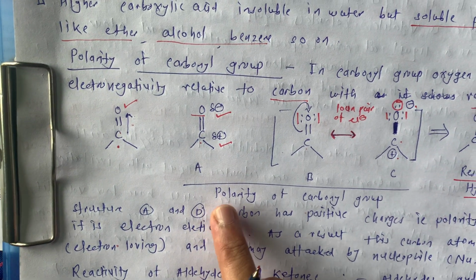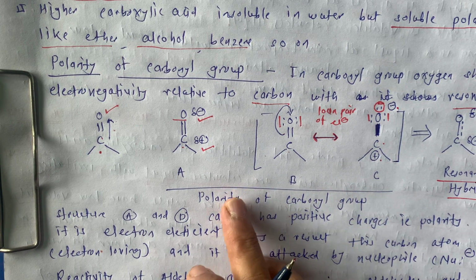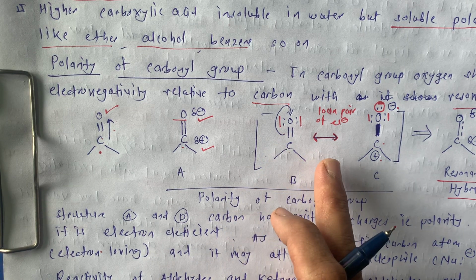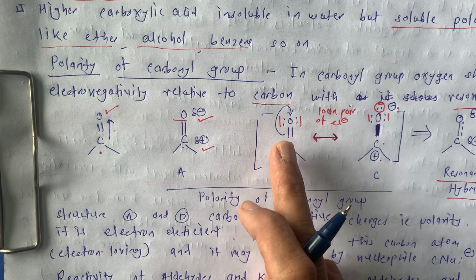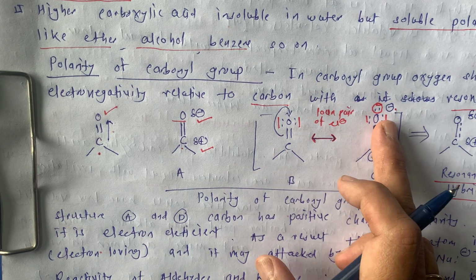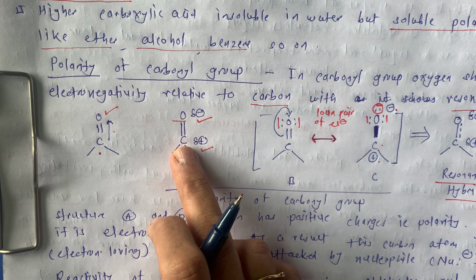Now what is going to happen? See, this is the polarity of the carbonyl group. We have polar nature of bonds, polar nature of the carbonyl oxygen and polar nature of the carbonyl carbon.